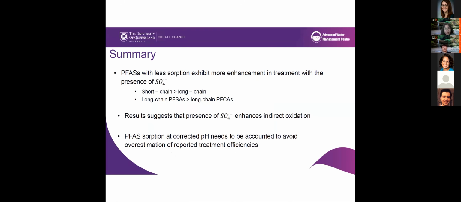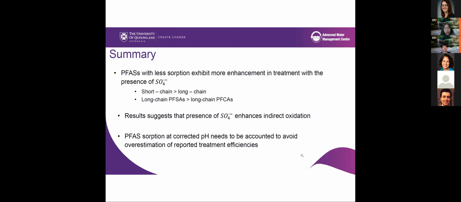So based on these results, we are seeing that overall the presence of the sulfate radicals is improving treatment efficiencies for EO, and the results suggest that the presence of the sulfate radicals enhances indirect oxidation. However, we still cannot finally conclude in terms of the mineralization because we're still waiting for the fluoride results.